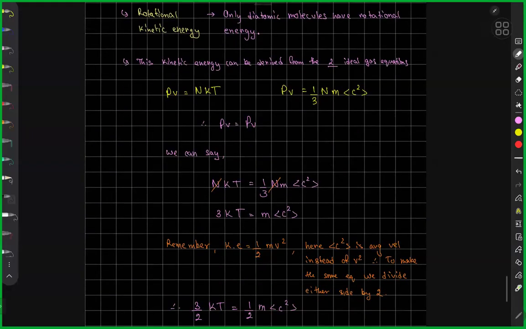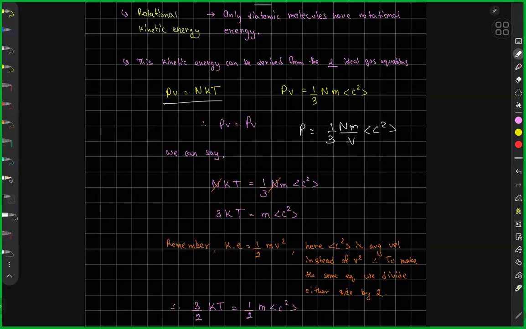Now, this kinetic energy can actually be derived very interestingly using the pressure formulas that we figured out. One is PV is equals to NKT. The other one is PV is equals to 1 by 3 NMC square. Where does this come from? We just derived it, and you saw this form of the formula. You guys recognize this? We just derived this right now. So we're going to use this and this.